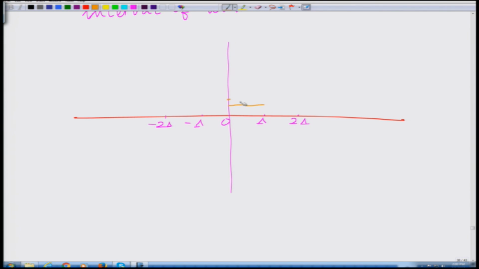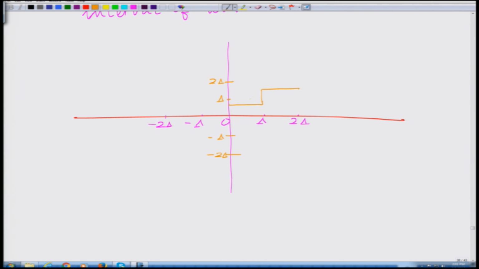So, let us say this is your delta, this is 2 delta, this is minus delta, this is minus 2 delta. We are mapping 0 to delta to delta by 2, and delta to 2 delta to 3 delta by 2.